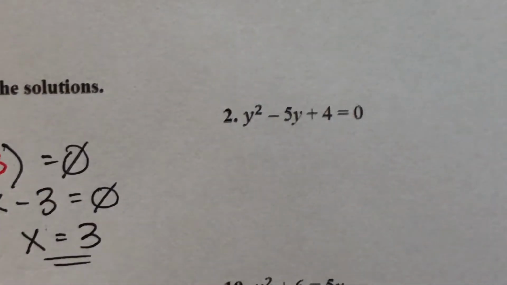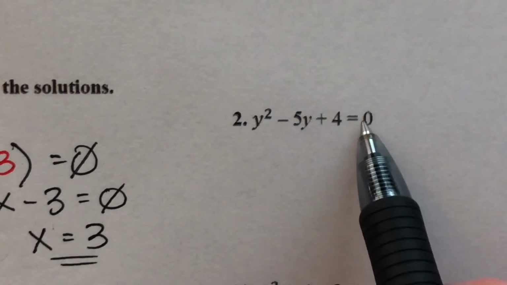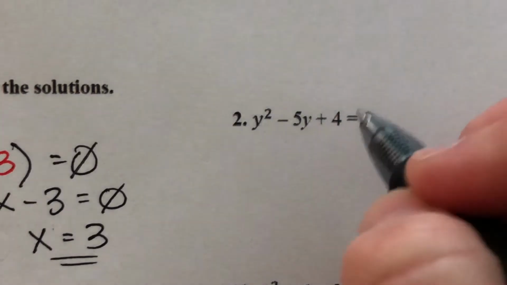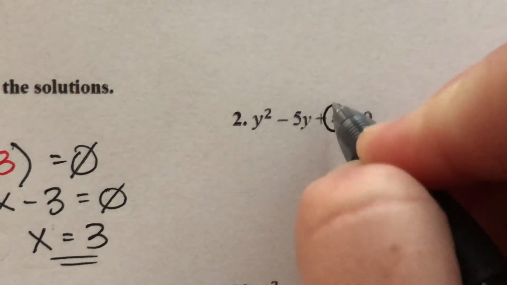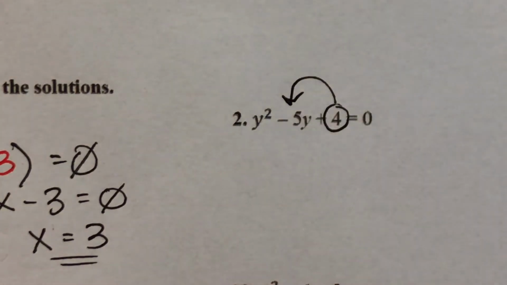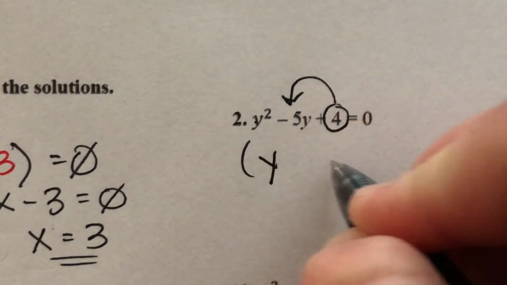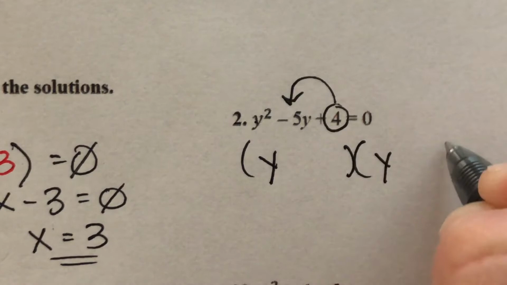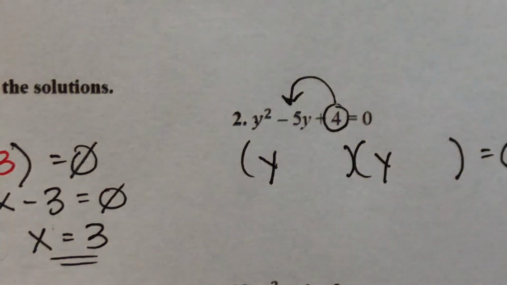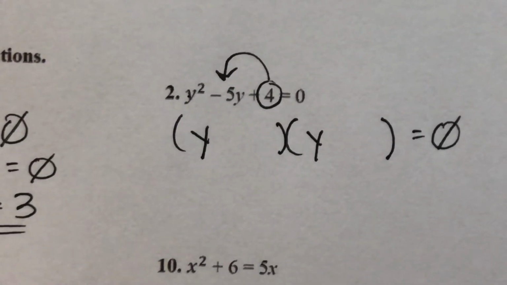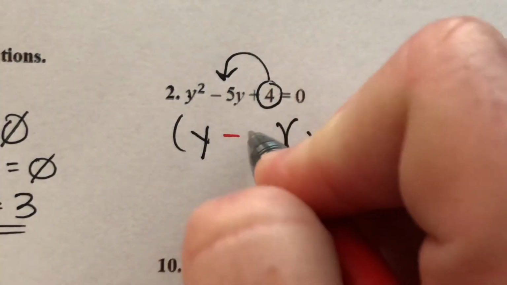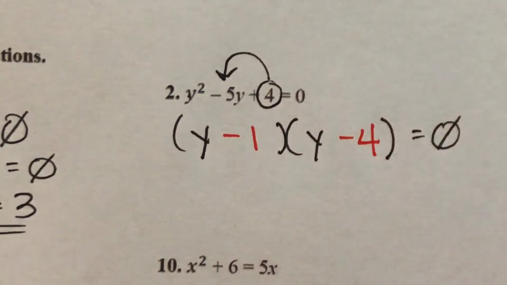Number 2. I got to factor, and then I got to set them equal to 0 to solve. So factors of 4 that add up to negative 5. What about negative 1 and negative 4? Okay, so my squared term here is y. And I'm going to set it equal to 0. And then my two terms I said are negative 1 and negative 4.